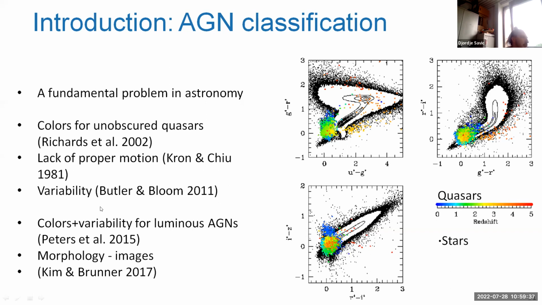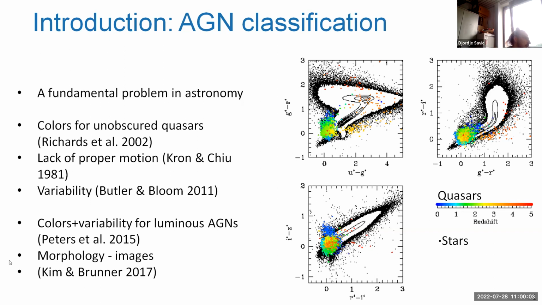Also, recently, variability has been added, and we know that variability alone can also be used for AGN selection. And now, more recently, we start to merge many of these ways of selecting AGNs into more advanced algorithms.